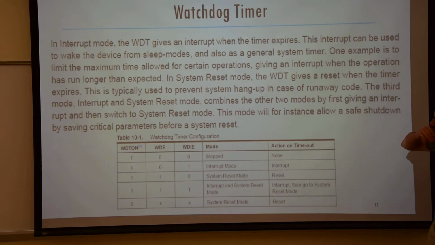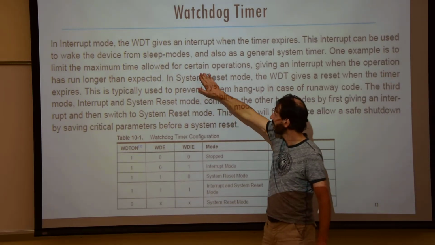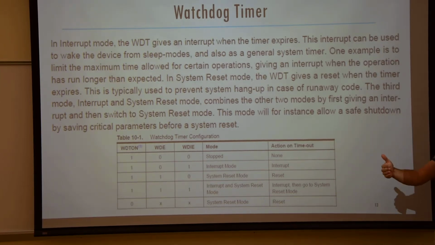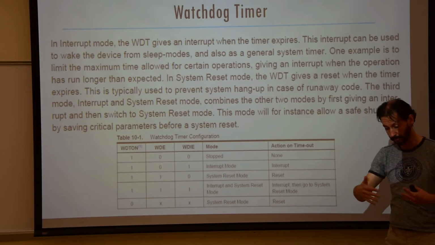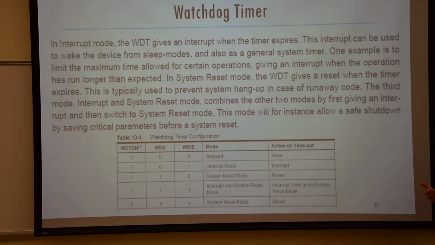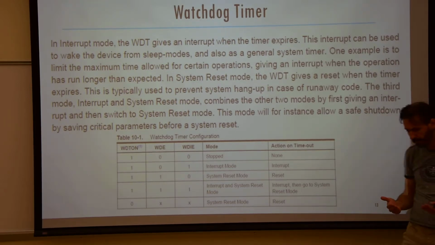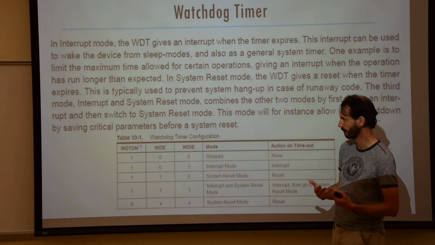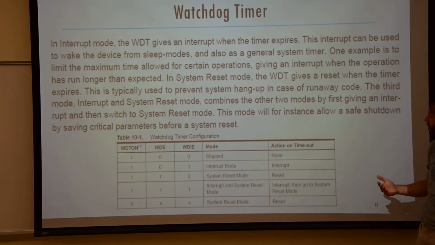One example is to limit the maximum time allowed for certain operations. So if something takes too long, effectively you have a watchdog, something that looks over the main program, seeing whether those executions do not take too long. Because maybe it's waiting for some peripheral, but the peripheral is broken or something like that, or the main program does not move forward in the way that you would expect.